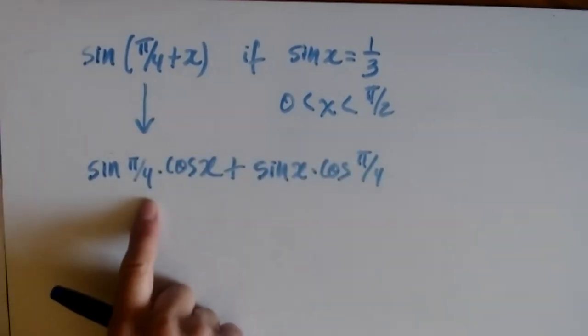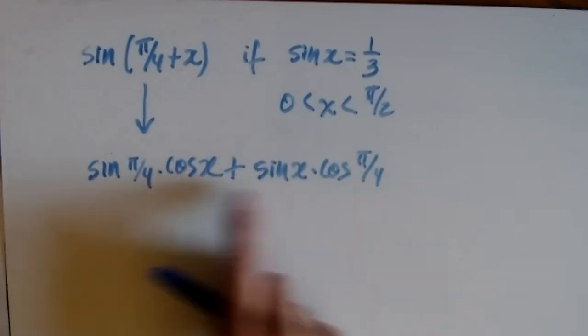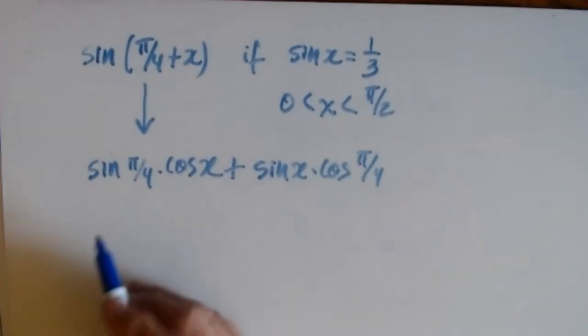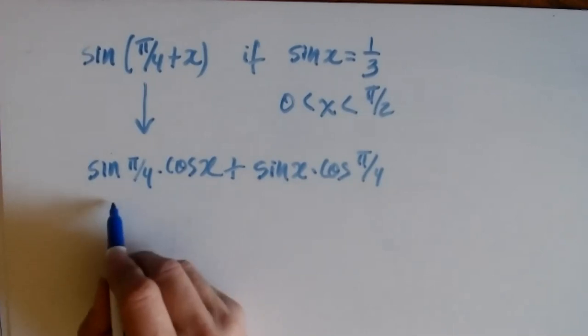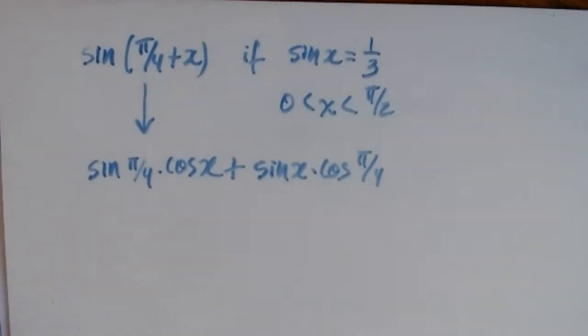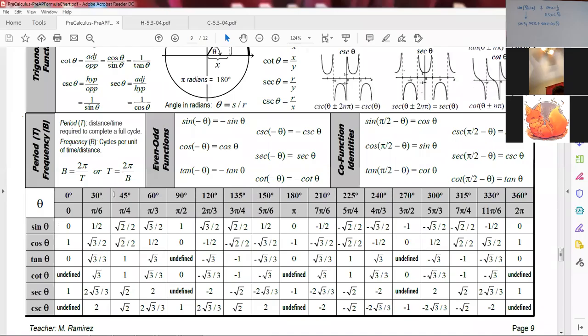Now I have to know these two, right? Sine pi over 4, you see your table. Let me go back to the table. Sine pi over 4 is square root of 2 over 2, and cosine of pi over 4 is square root of 2 over 2. You see that here, correct?